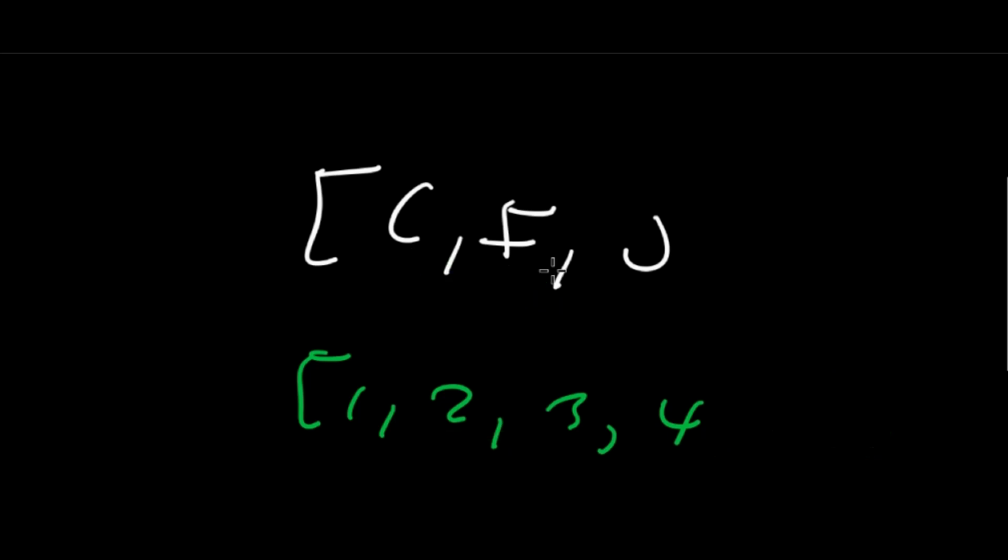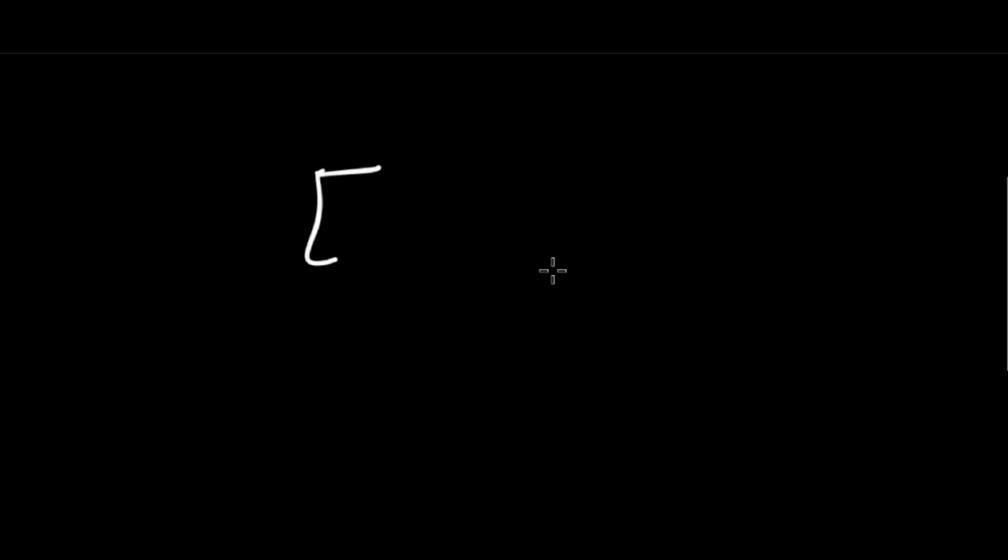Now, how is this going to work if we have more tricky cases, where the target is not in the array? Let me once again write out our given test case C, F, J, right? And let's say our targets, let me write them in a different shade so that it's clear, are A, our next target is C, our next target is D, our next target is J. Let's say we want to find the first item, which is A. What are we going to do?